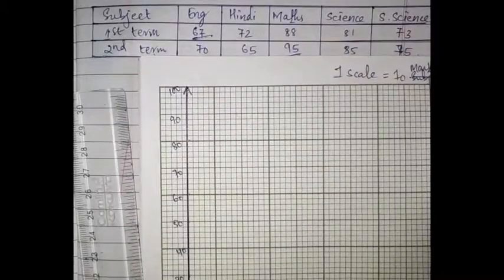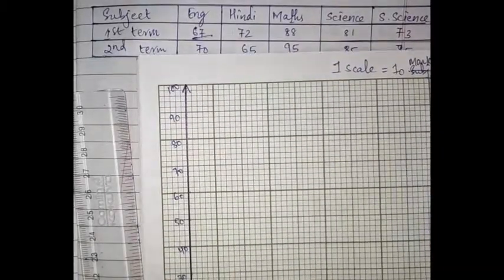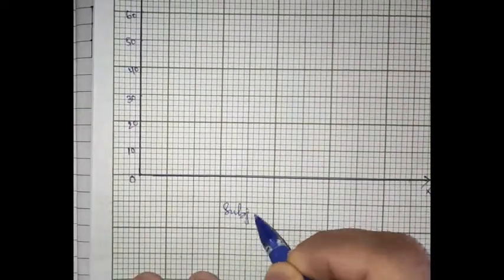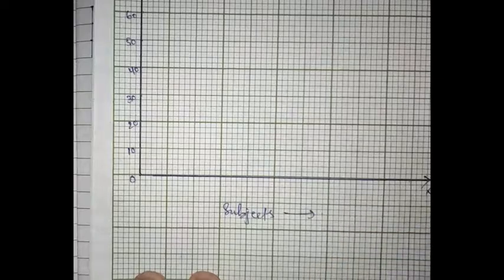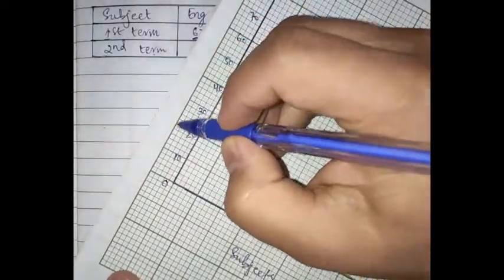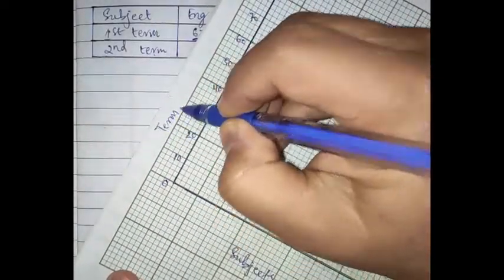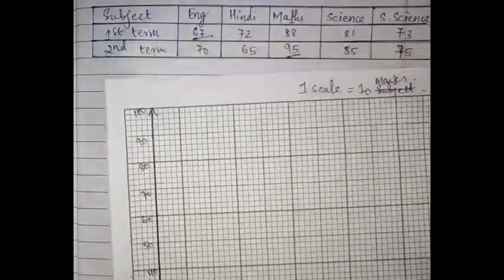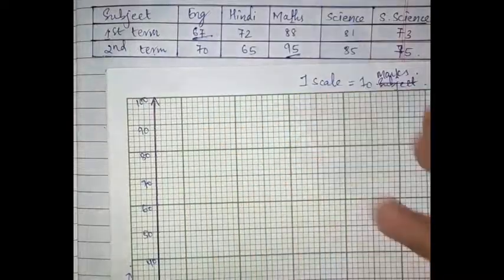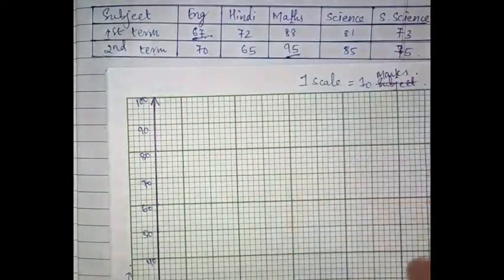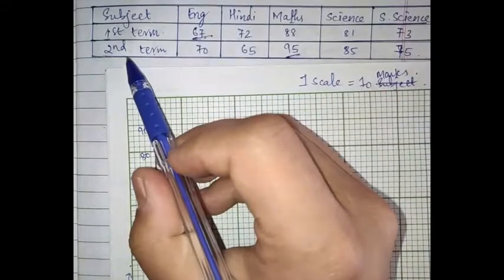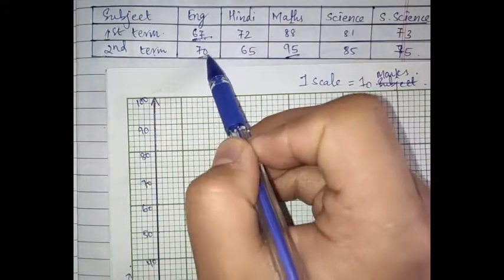First of all we have to write here, the x-axis will represent the subjects, and the y-axis will represent the marks. In the first term, the first subject is English, and in the first term English is 67, and in the second term in English the student has got 70.